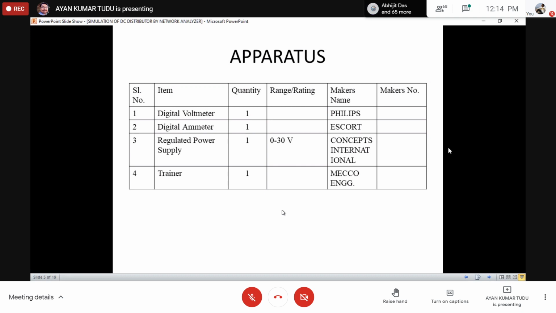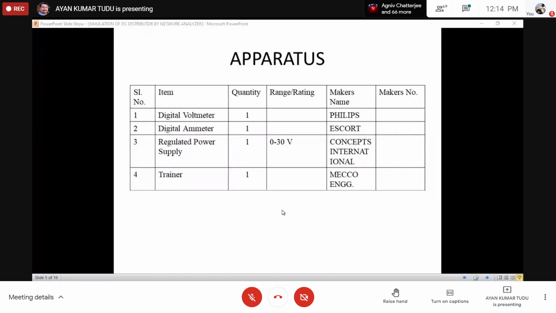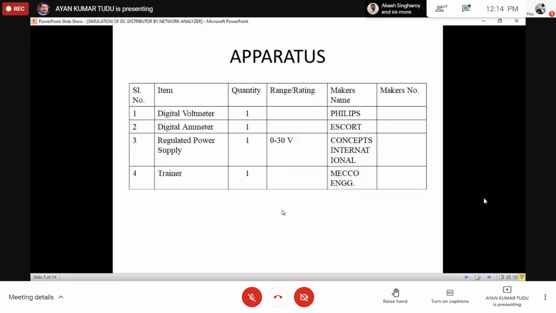What we'll be using in this experiment is a digital voltmeter, a digital ammeter, a regulated power supply, and a trainer kit. That network analyzer we have is known as our trainer kit.